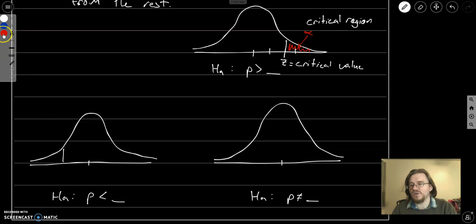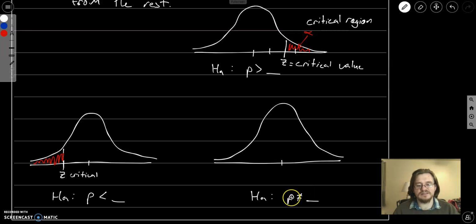And if it's less, we're going to have a critical region that is a left tail. So here, our critical value is just going to be to the left of the center, and the tail will extend to the left.